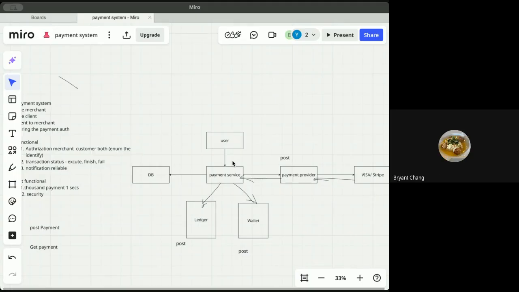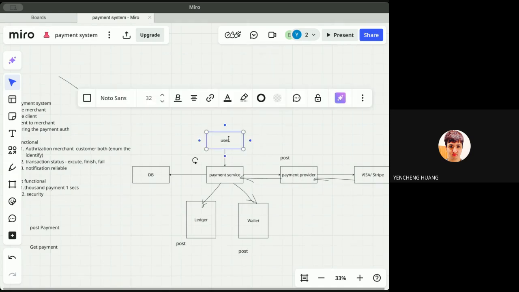Sorry, can you say that again? Yeah. So I mean, in the first step, I have to identify if it's the users or the merchants. Yeah, and I think we also need to add a component to verify its identity. If the client has entered the right password, we need a component to handle that. Oh, you mean like security?